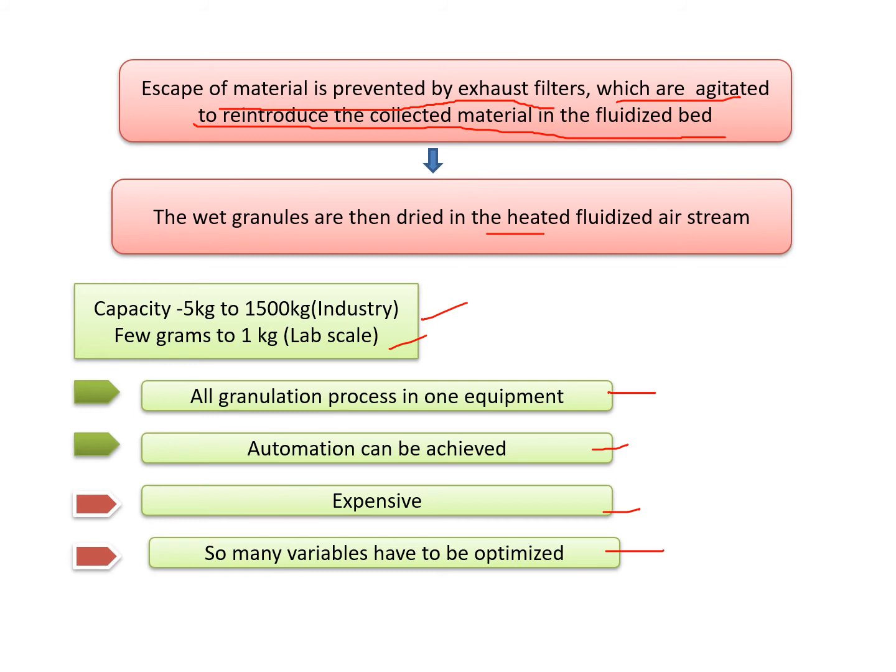Variables means the height of the nozzle, the speed at which it will pump the granulating liquid, the pressure of the air, the temperature. So these are the variables and these have to be optimized. Optimized means they have to be adjusted to get the best type of granules. So this is a time consuming, you can say, or a tedious task to optimize all these variables. These you can say are some of the disadvantages of this fluidized bed granulator.